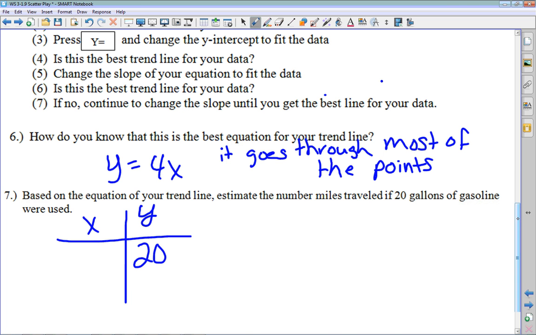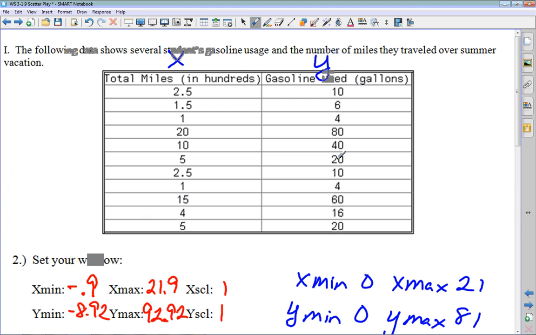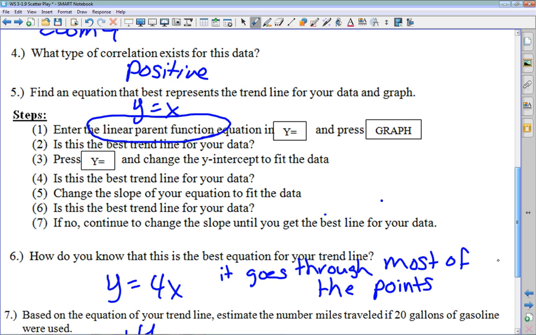Now, let me point out something. You cannot go up in here and use 20 here and think that this is the right answer, because there might be 2 of them that are the same. You don't know, but we need to go down to the calculator and find out.